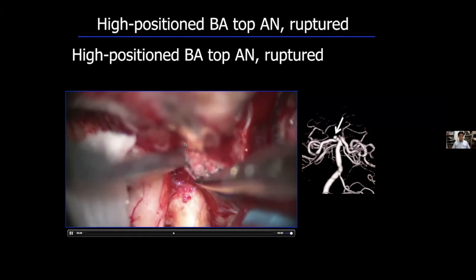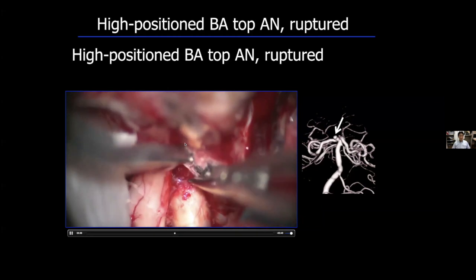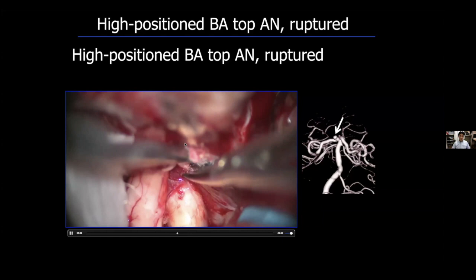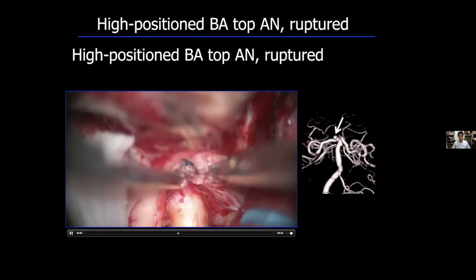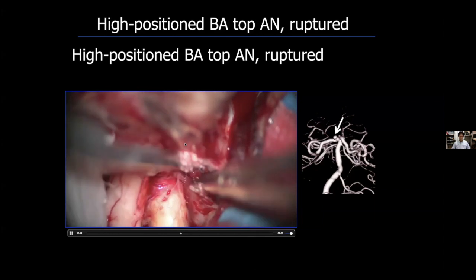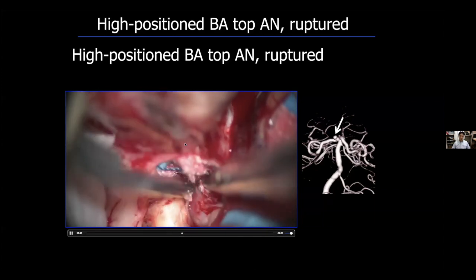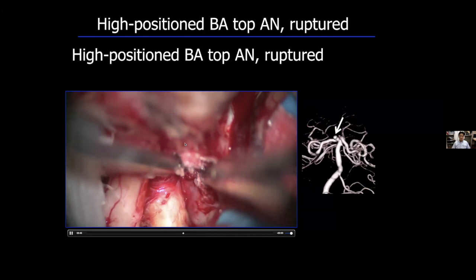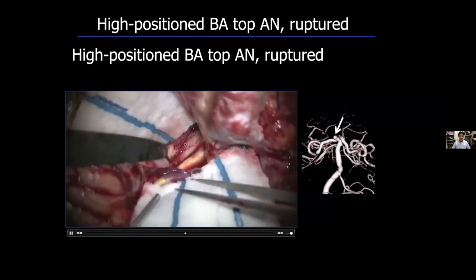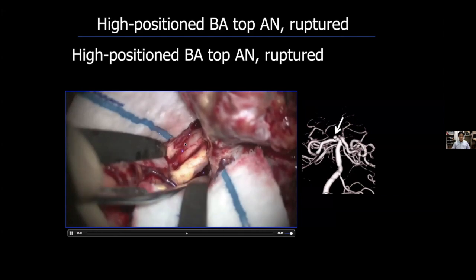By doing this, I can mobilize the ICA medially, so that I can expand the space posterior to the ICA, which is also called the retrocarotid space. You may encounter some bleeding from a cavernous sinus by cutting the distal dural ring.